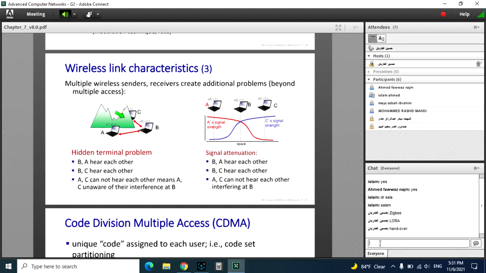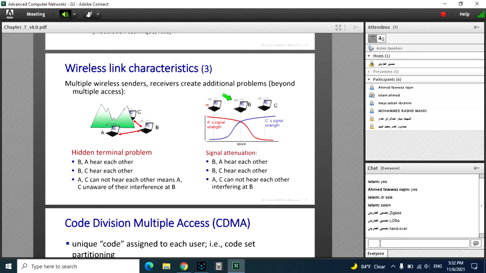A and C cannot see each other because of the obstacle. So if they send information to B at the same time, B cannot receive the information correctly. B will receive the summation of that information, which is corrupted.